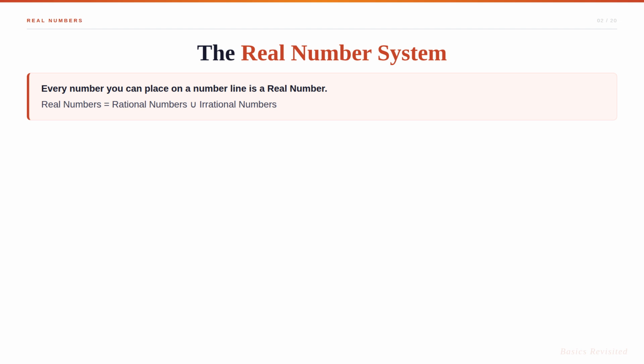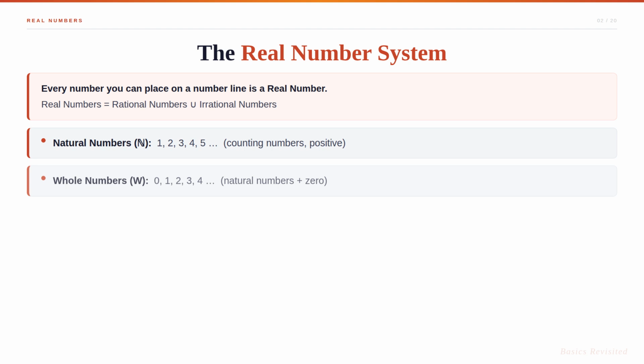Every number that can be placed on a number line is called a real number. Real numbers are made of two groups, rational numbers and irrational numbers. Natural numbers are the counting numbers 1, 2, 3, 4, 5, and so on. They are always positive.